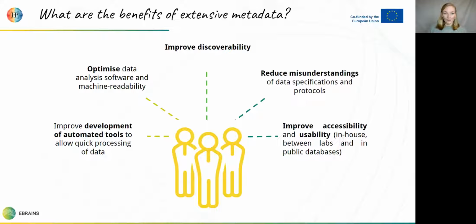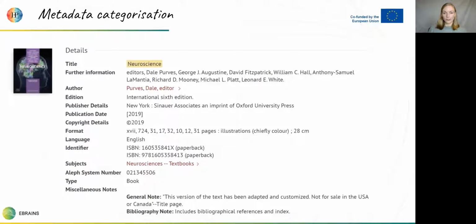So let's go back to the library example and look at the different types of metadata that exist. For certain properties of metadata, there's only a limited number of values that can be assigned to them. For example, the year a book was published, the language it is written in, and the type of resource it is, are all very clear, but also at the same time general.